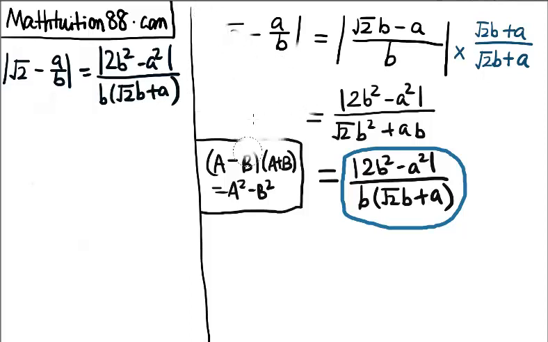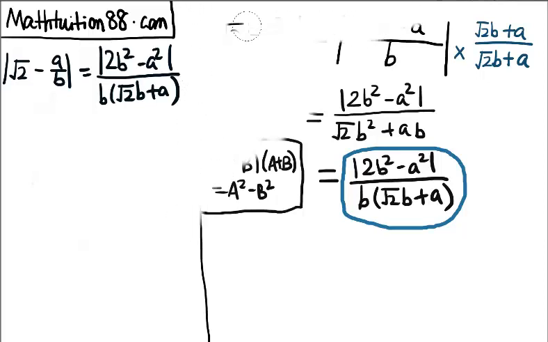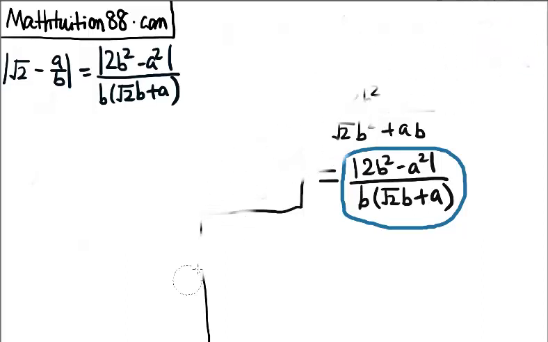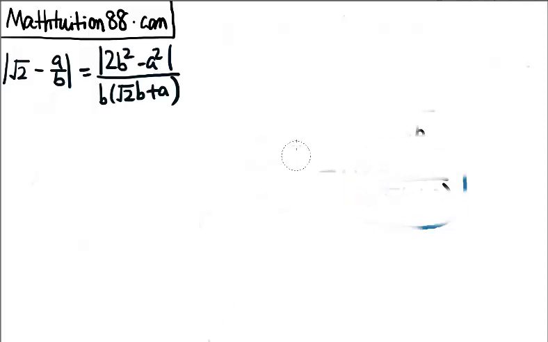Now we will do some analysis of the numerator and the denominator. First, we will try to factorize b and a. Let's take a look at a first.